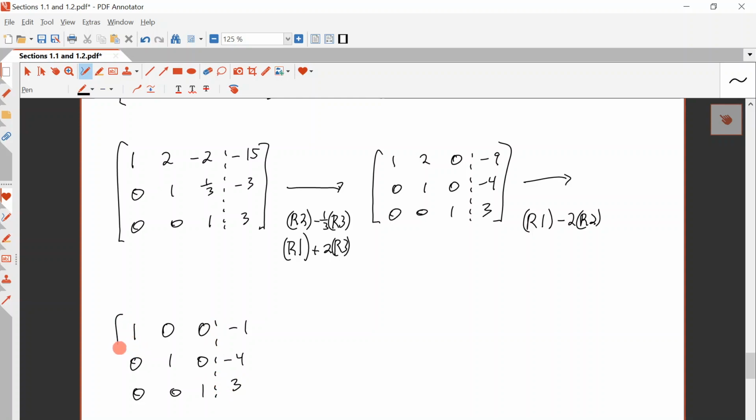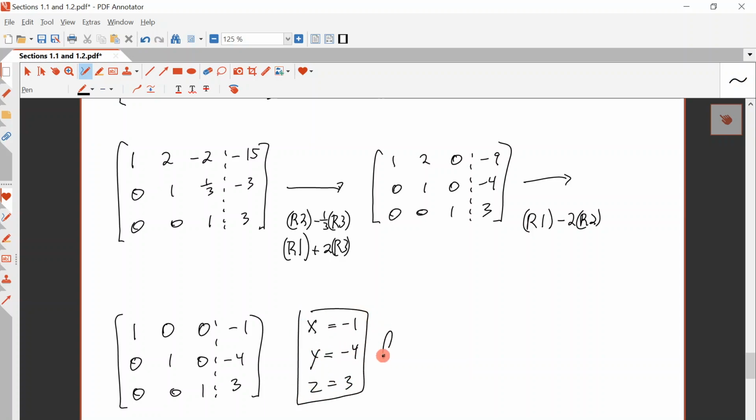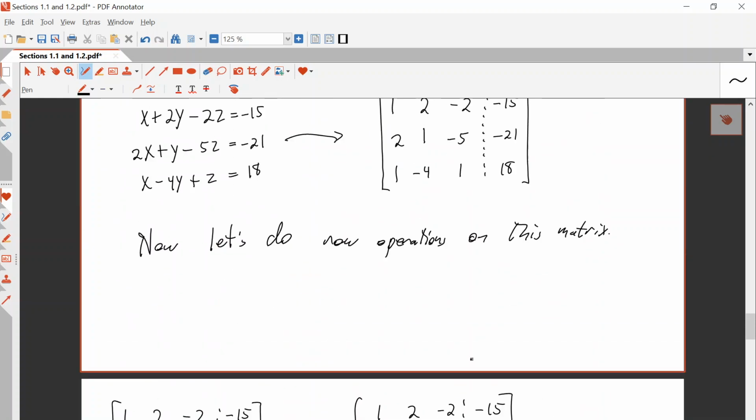And there it is. So this says that x is equal to minus 1, y is equal to minus 4, and z is equal to 3. All right, so that's our final solution, and the same one as we had before, right?